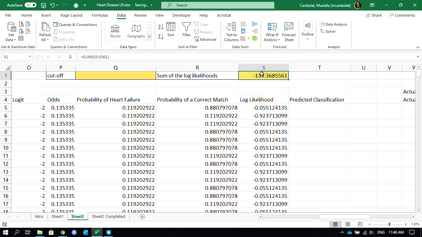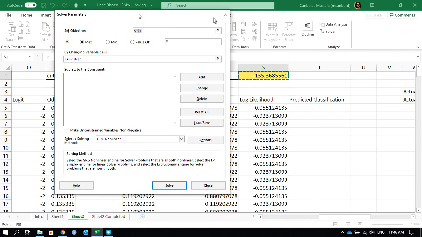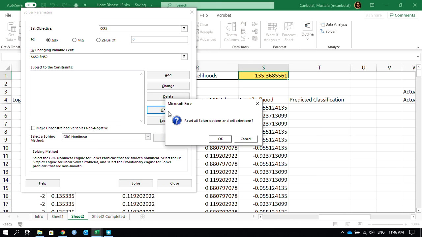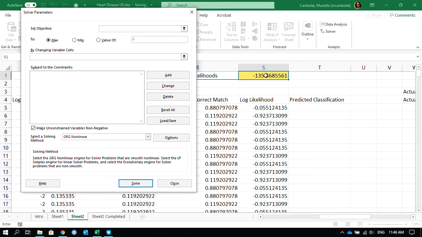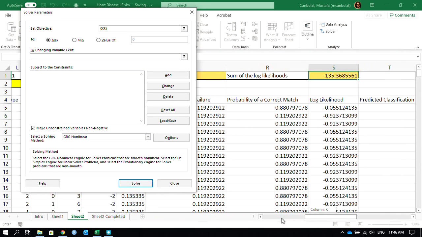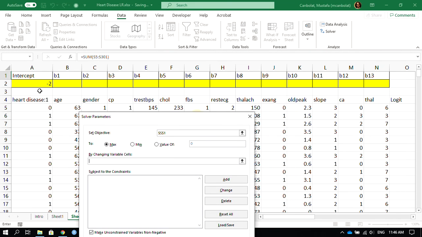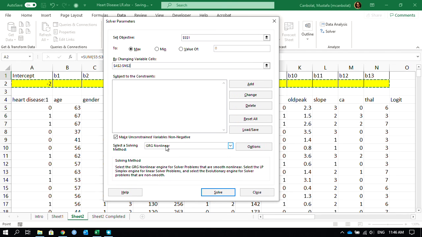Now from here, I want to maximize this using the solver. I already put them in here, so let me just reset them. I want to maximize this number by changing all of these values. I'm using nonlinear, and I'm not going to make them all positive, so they could be negative values.